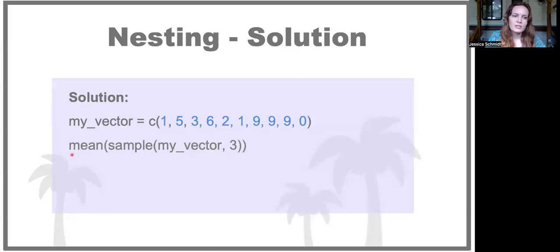And then I'm taking the mean of that list. So if sample took 5, 3, and 1, then mean would take the mean of 5, 3, and 1. If sample took 9, 1, 2, then it would be taking the mean of 9, 1, 2. Hopefully that makes sense to you. And I do have some more information in the code if you're a little bit stuck on how to logically flow from one step to the next here.